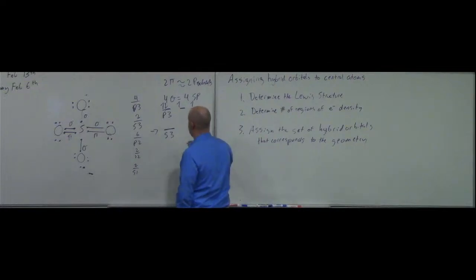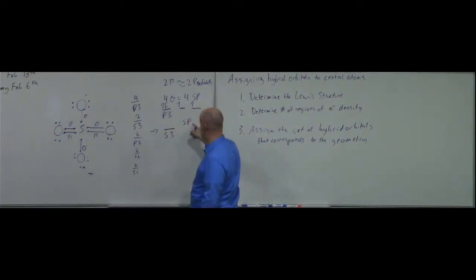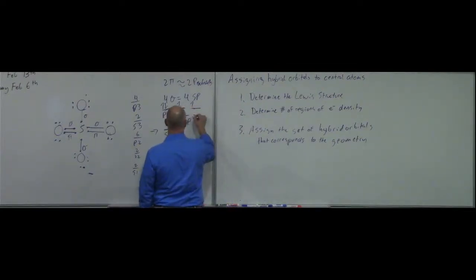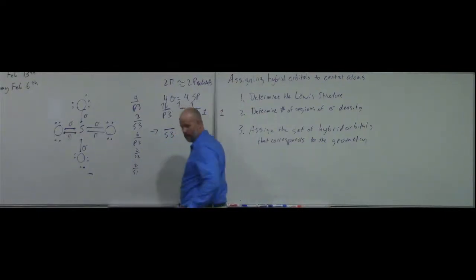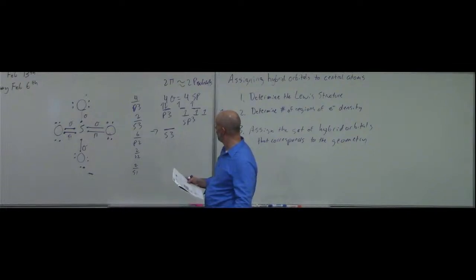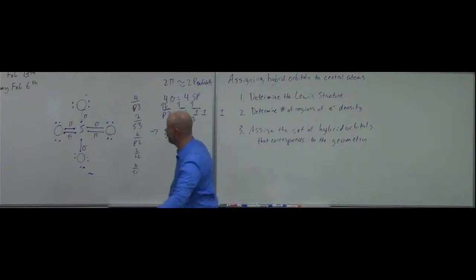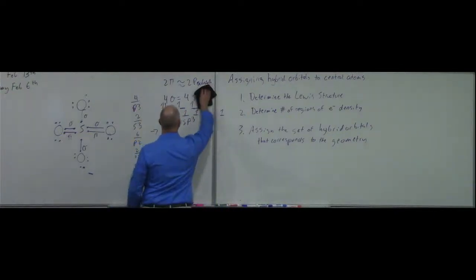I need 4 of these total, so this is going to be sp3. It's got to be 3, right? So 1, 2, 3, 4. Let's confirm that that's what they have. They have it as sp3, so that's good. All right, let's do the next one. Give myself more room.